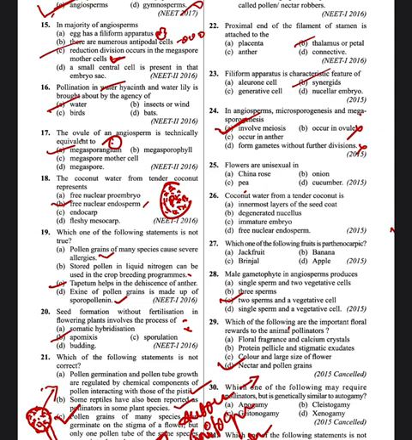In autogamy, transfer of pollen grains from anthers to the stigma of the same flower of the same plant is known as autogamy. In geitonogamy, transfer of pollen grains from anthers to the stigma of different flowers of the same plant. In xenogamy, transfer of pollen grains from anthers to the stigma of a different plant.